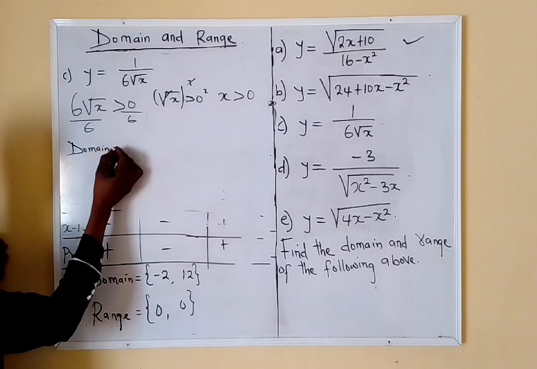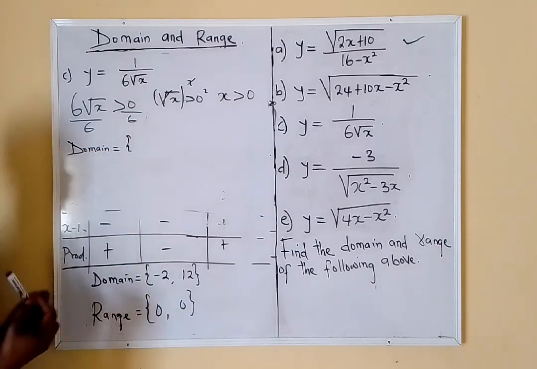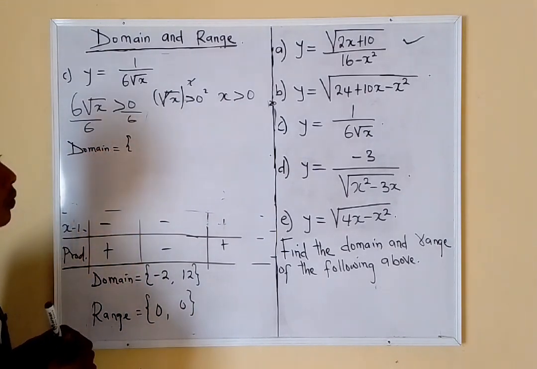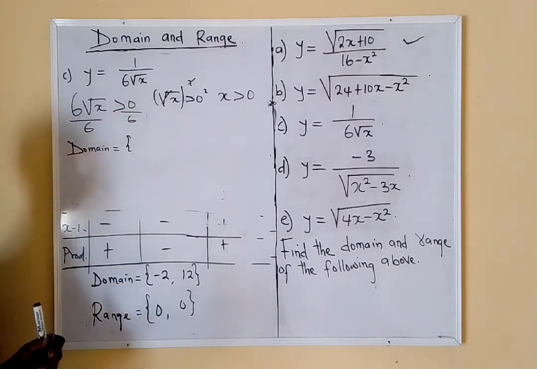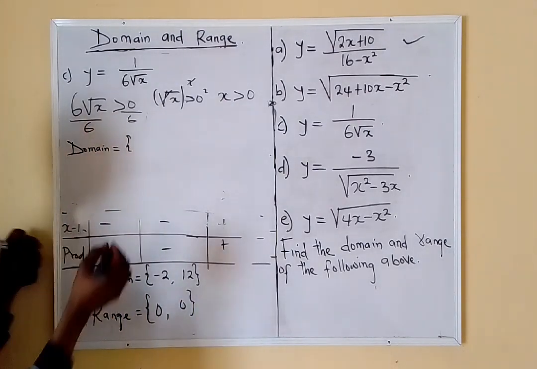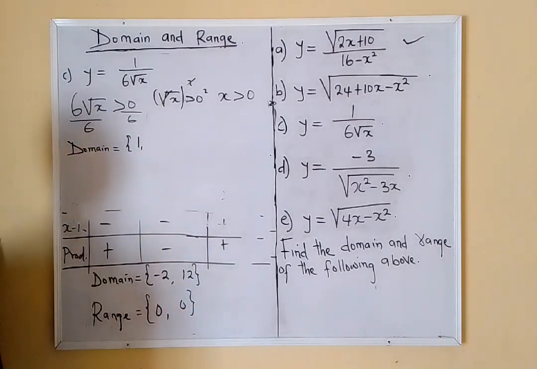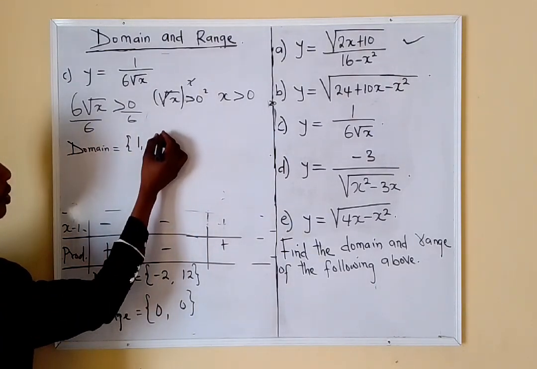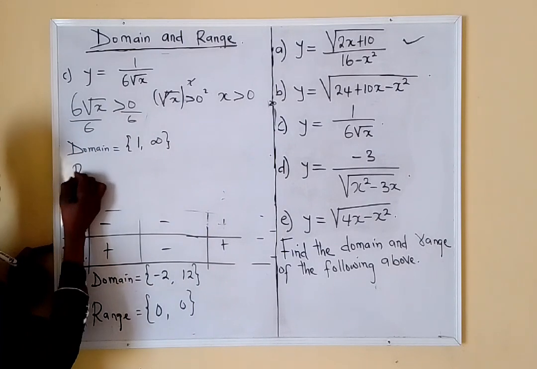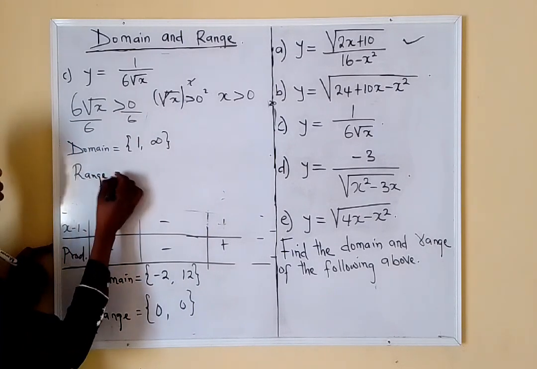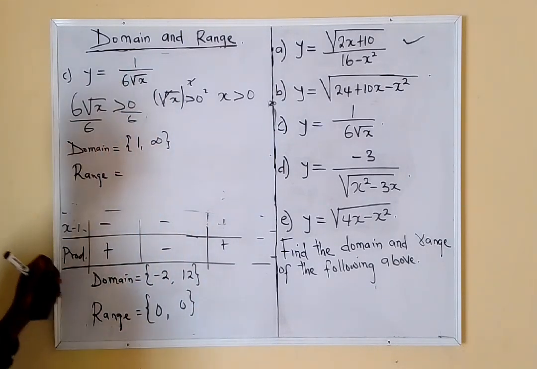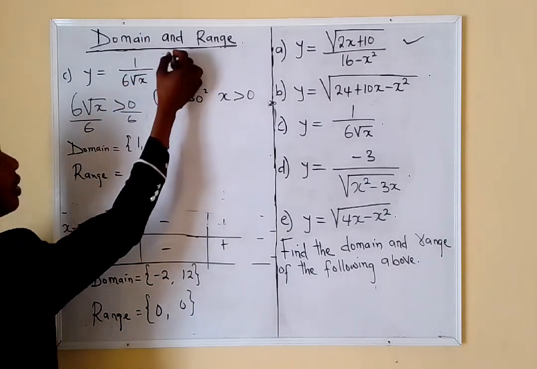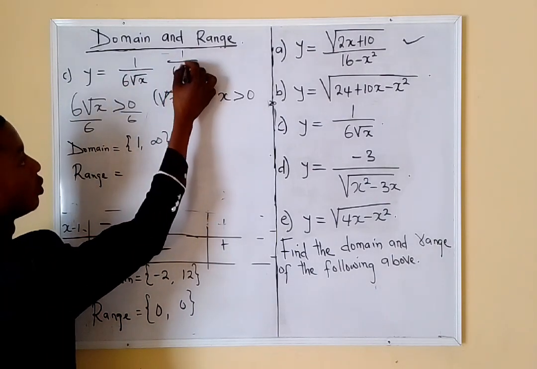And then for the range, you replace these values into the original function. If we put our 1 here, it will be 1 divided by 6 root 1. The square root of 1 is 1, times 6 is 6. So our range starts at 1 over 6. And if you use infinity here, you're still going to have infinity as our value. So this is our domain, this is our range.